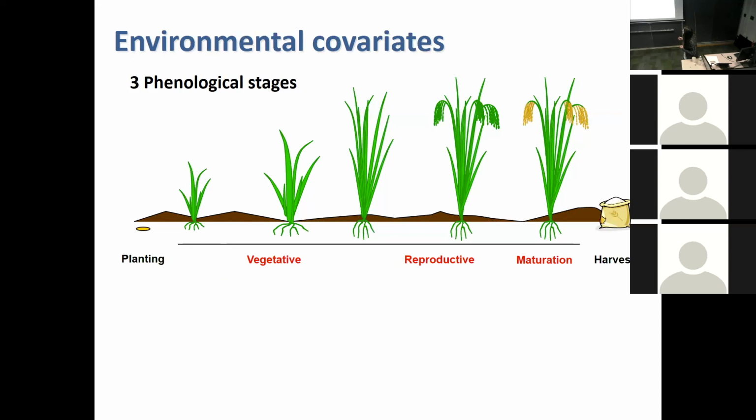So we try to divide the rice growth into three main phenological stages, which were vegetative, reproductive, and maturity. Reproductive is the flowering, and maturity is the grain filling stage. The problem is that we didn't have the information of what time in the field plants were at each stage. So what we used to calculate these stages was the flowering time.